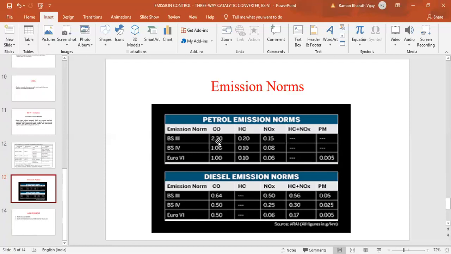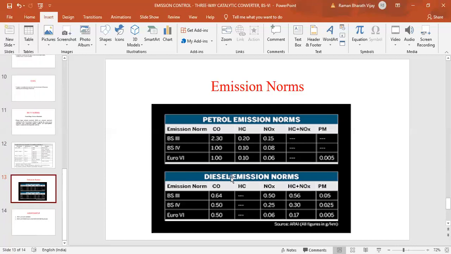So 2.30 is reduced to 1, 0.20 is reduced to 0.1, and 0.15 is reduced to 0.08. As per the petrol emission norms, we reduce these values so that the proportion of harmful gases is controlled.